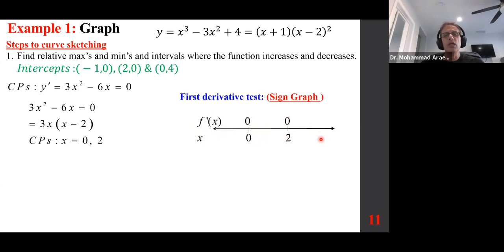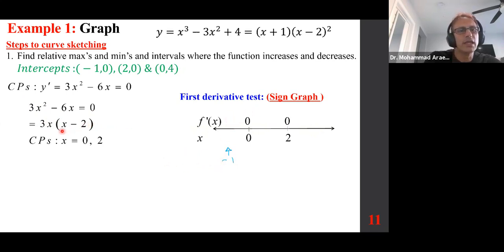And all you have to do is pick a test point. For example, to the left of 0, the easy point would be -1. You put this -1 into either this one or the factored format. It's easier to put it in the factored format because we want the sign. In other words, we want to see if it's positive or negative.